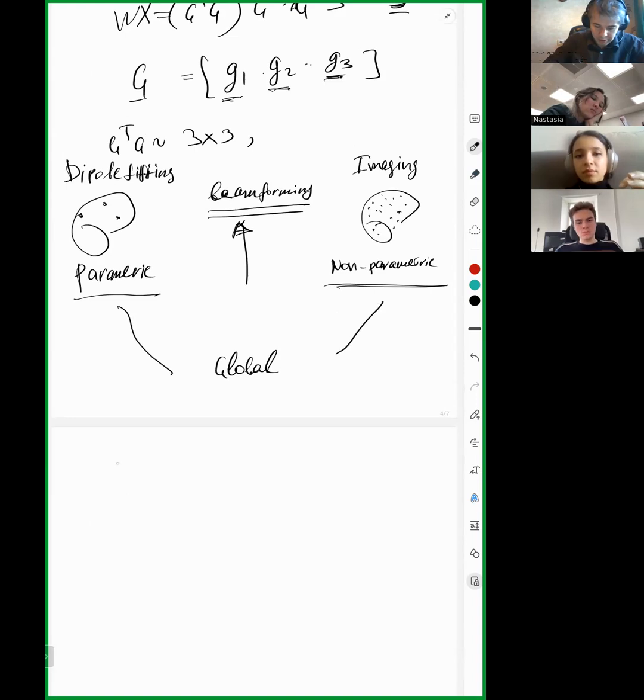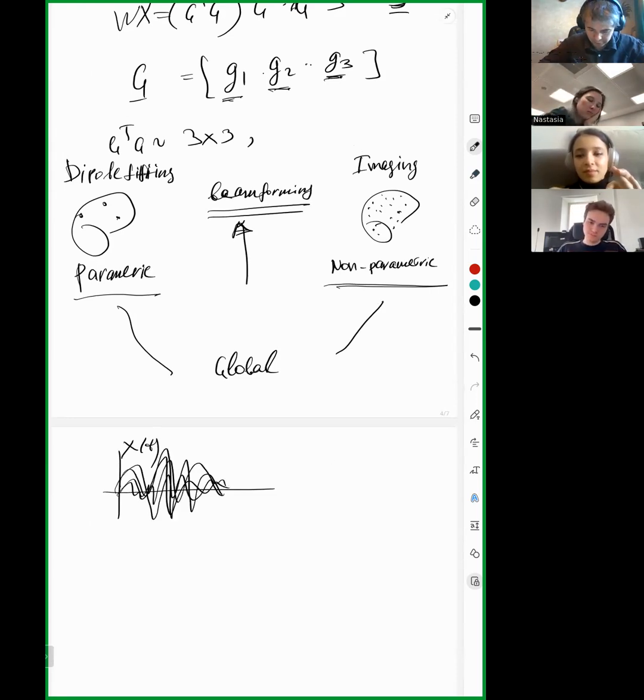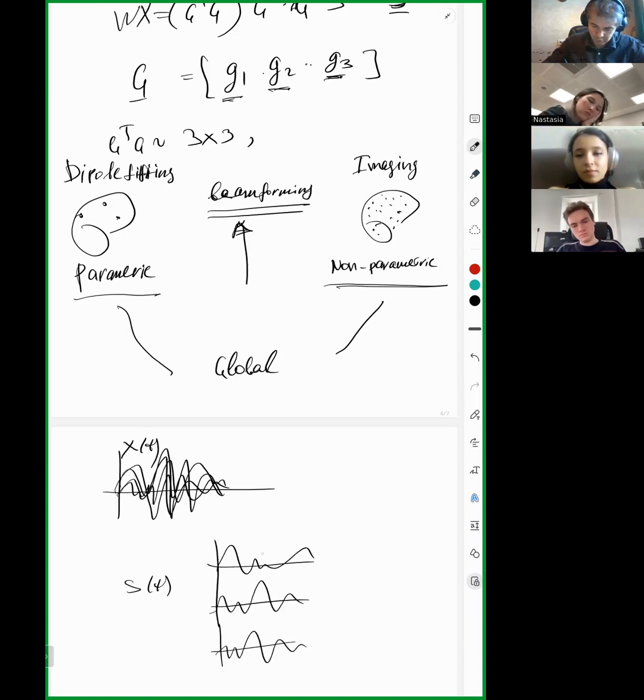So they are global in the sense that if you have your X of T data in multiple channels, and then you have your S of T, let's say 3 sources, one source, another source, and a third source, then if you apply your forward model to this, you get something which hopefully resembles very well your observed data, and your error is as small as possible.